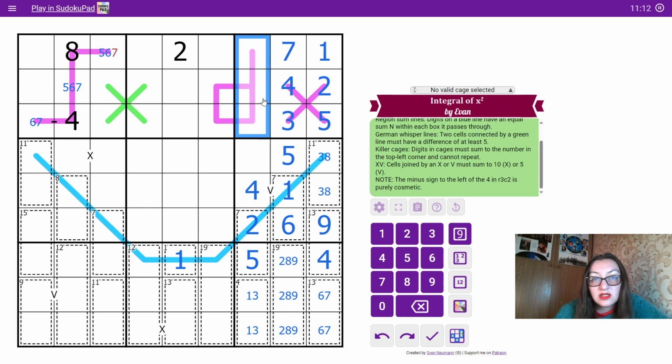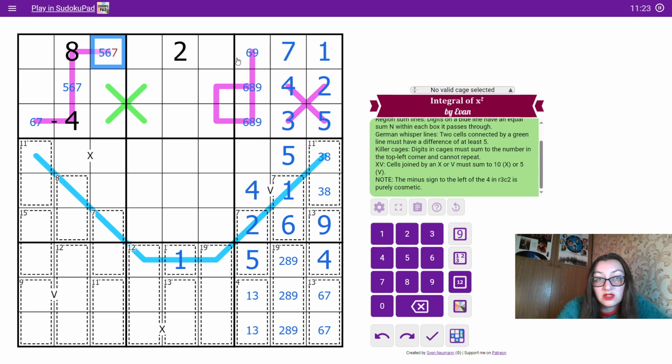And in this side, we need to have 6, 8, 9. This is not being 8. This is not being 7. And this digit is a 7. Yes. So we definitely need a 7 here because we have 6, 8, and 9.